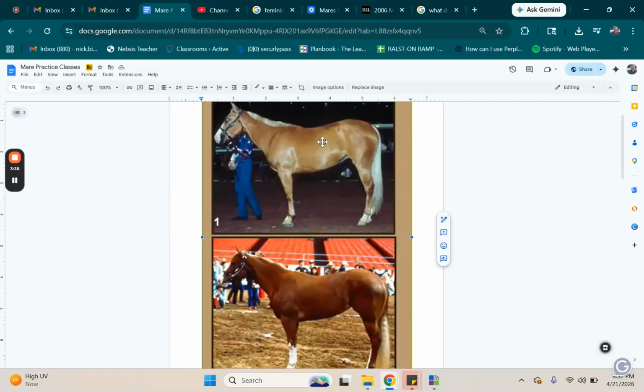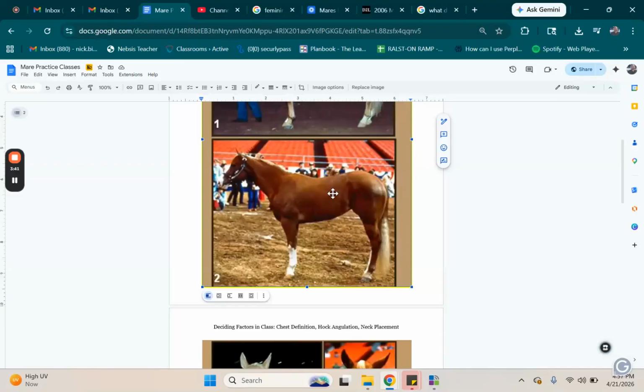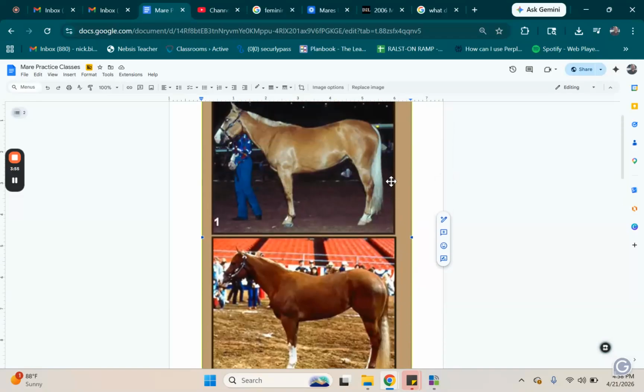Now, if we take that same concept and go down to horse 2, again we're going to find our trapezoid, our mid third. Copy paste that, and it's a little closer. I'd say you end up maybe around here. So here versus here makes a pretty big difference.